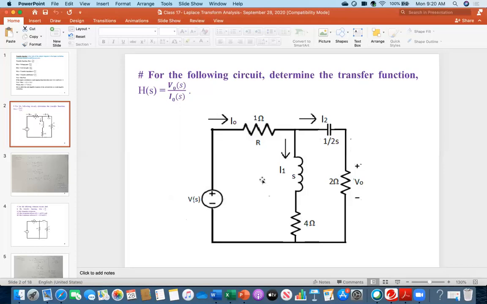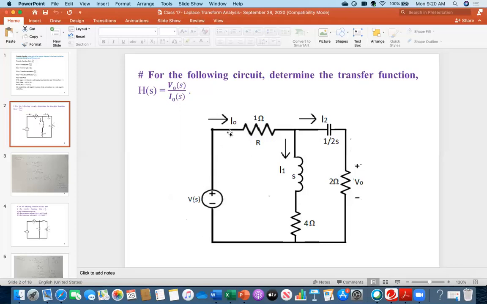So therefore, you have to make the parallel combination of these two and then series of this resistance. And then that will be your total impedance. And then you divide by the voltage. This is Vs. So Vs over Z total, that will be your I naught.